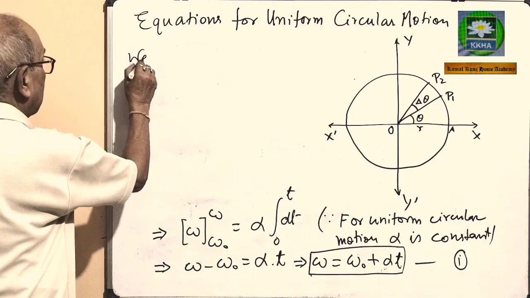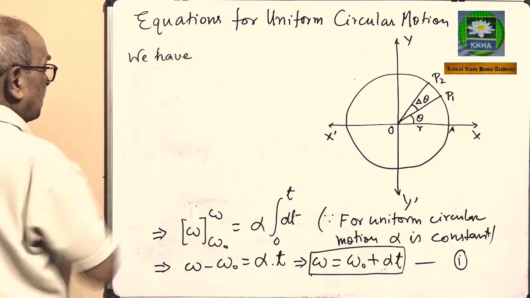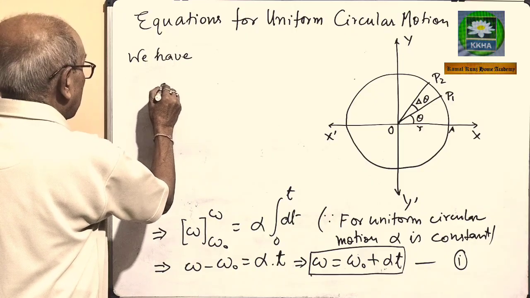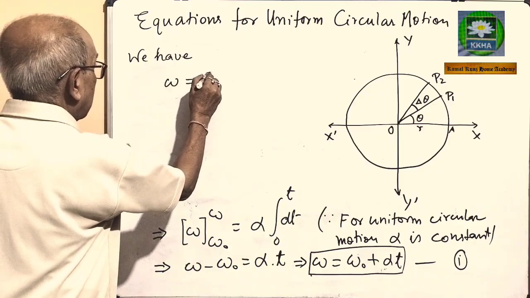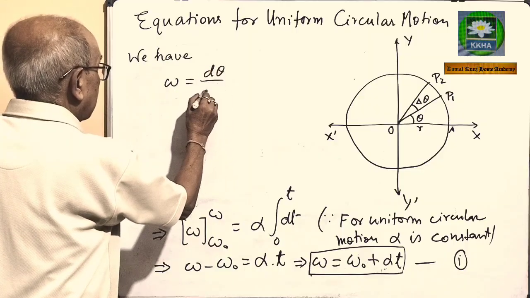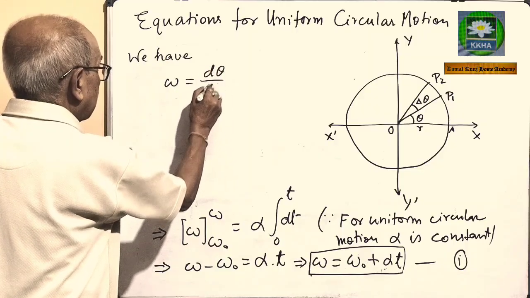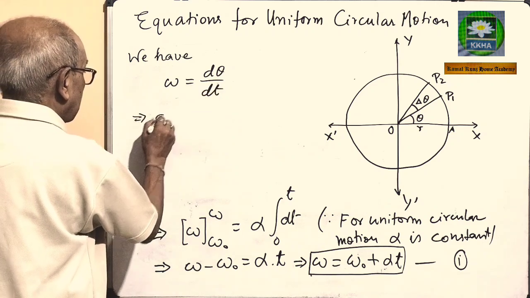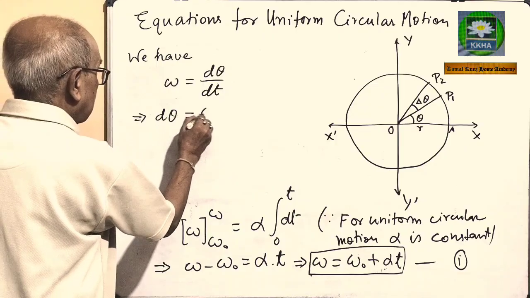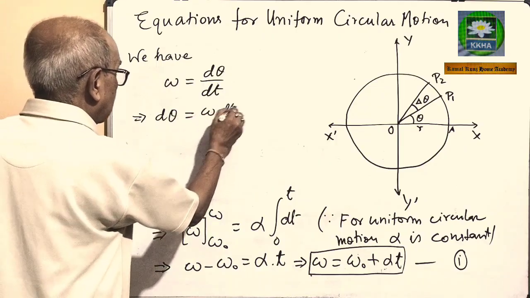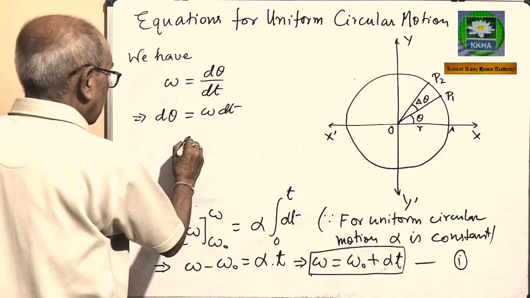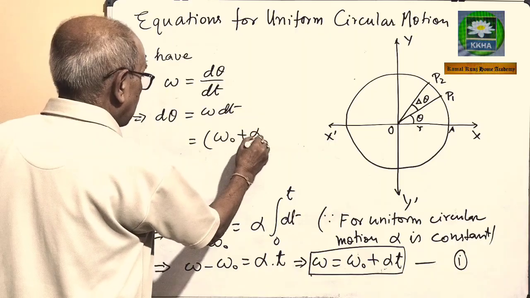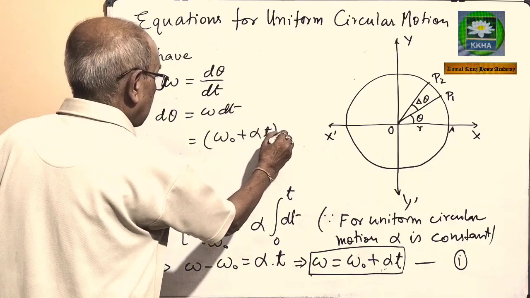Then we have angular velocity omega equal to d theta upon dt. This implies that d theta is equal to omega dt. This is equal to omega naught plus alpha t, dt.